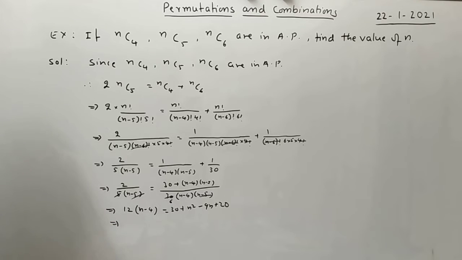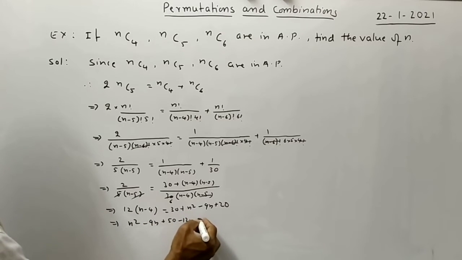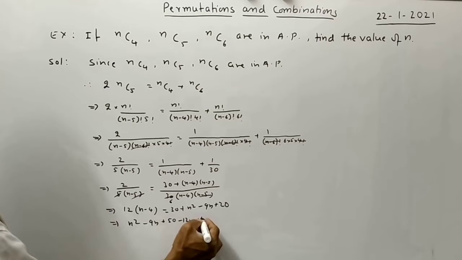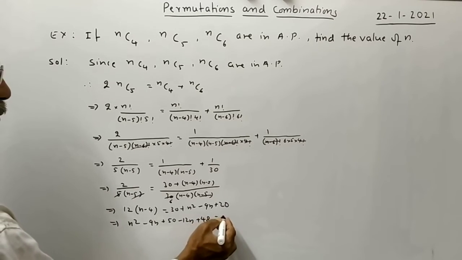This implies n square minus 9n plus 50 minus 12n plus 12 into 4, 48, is equal to 0.